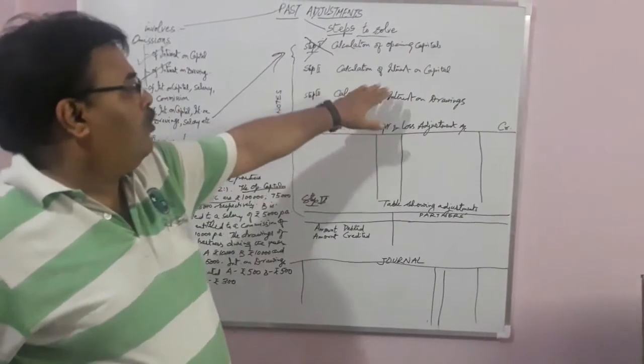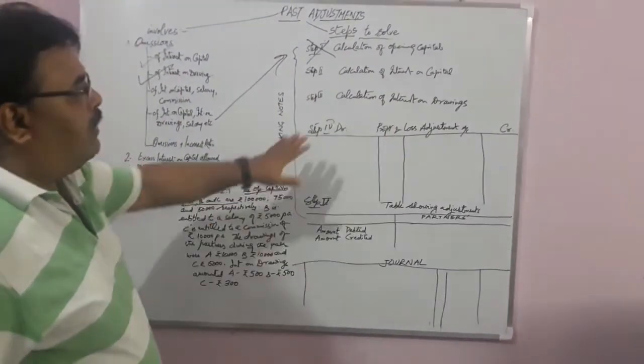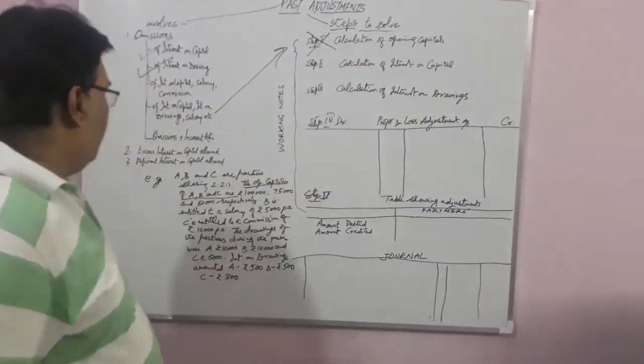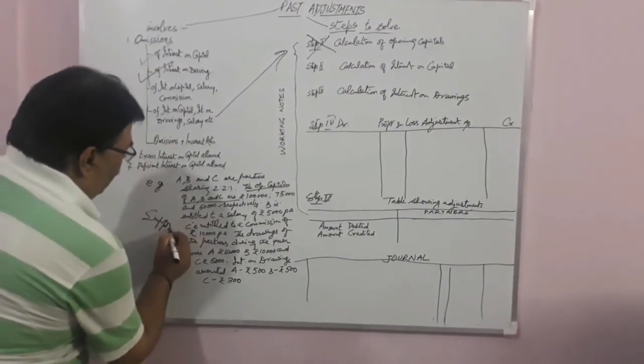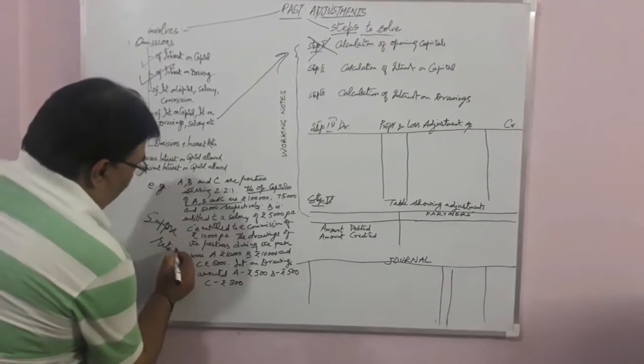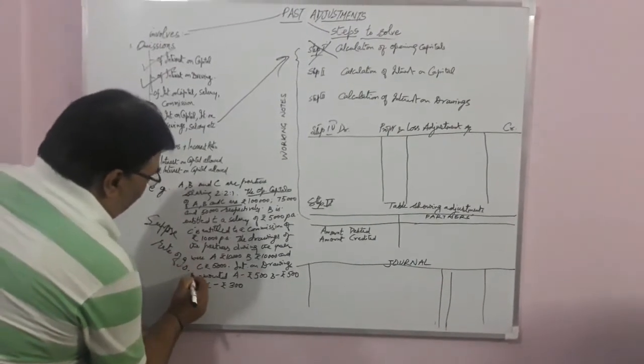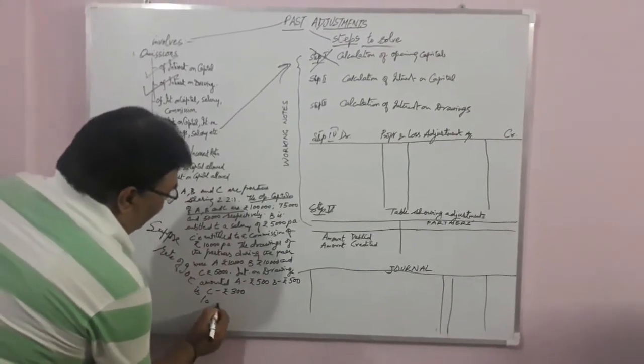Now I'm going to step 2, which is calculation of interest on capital. Suppose the rate of interest on capital is 10% per annum.